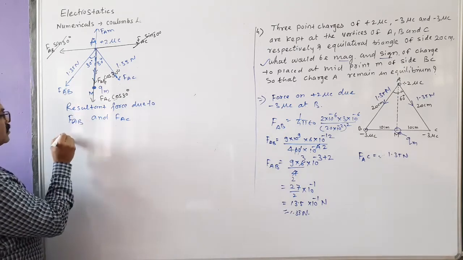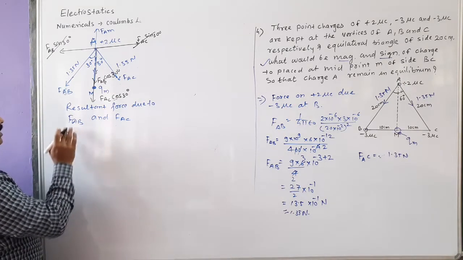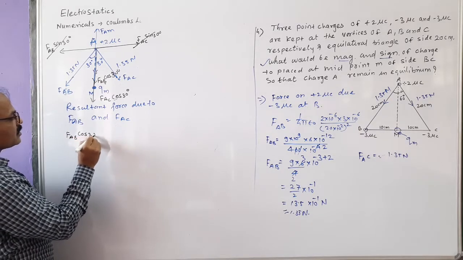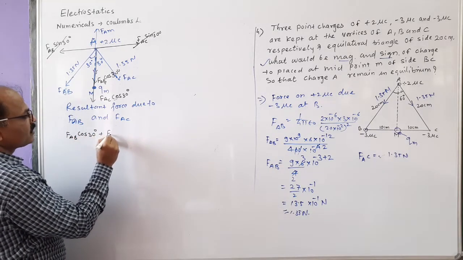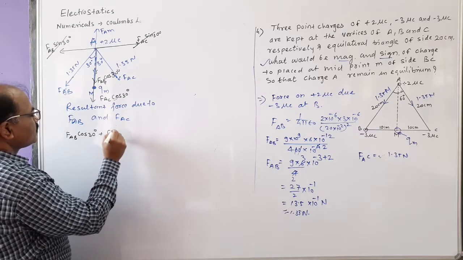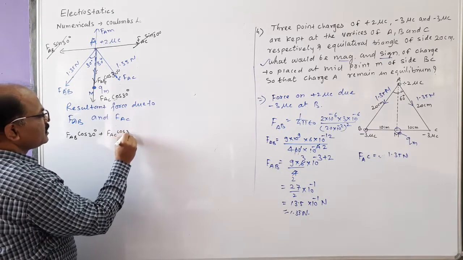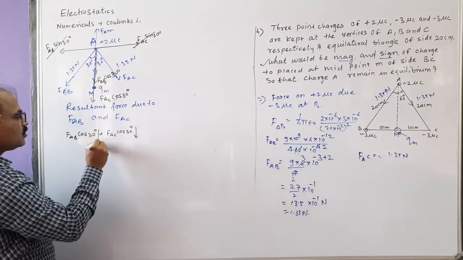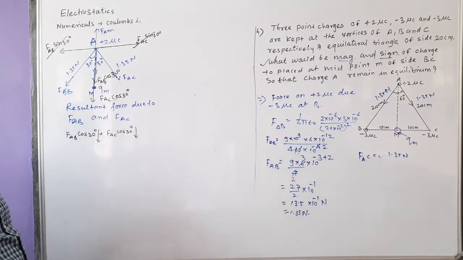This force, so this F, we can add this FAB cos 30 degree plus FAC cos 30 degree. ये दोनों फोर्स कहाँ लग रहे हैं? नीचे, ये दोनों फोर्स नीचे लग रहे हैं, सो ये ऐड हो जाएंगे.